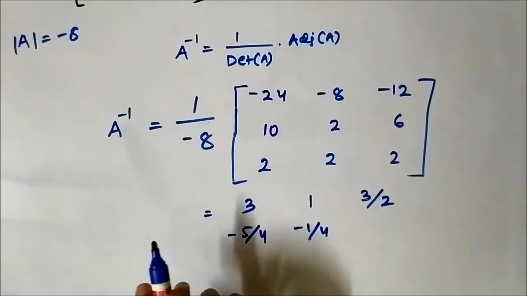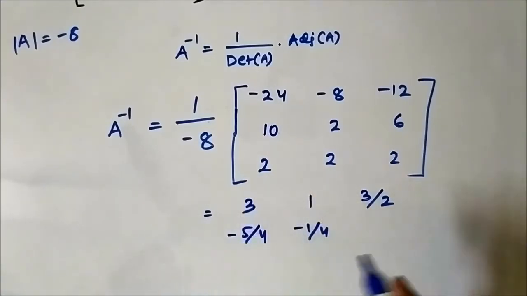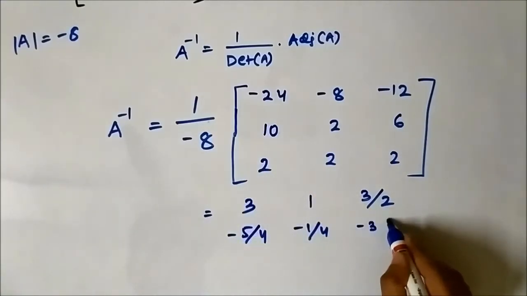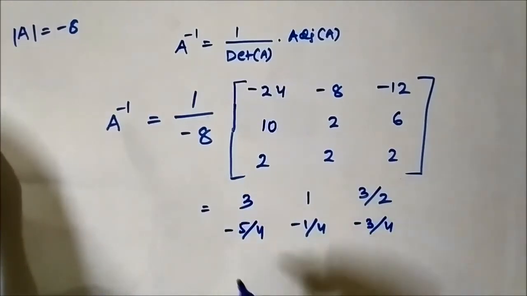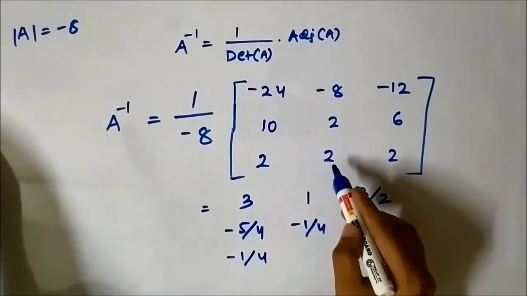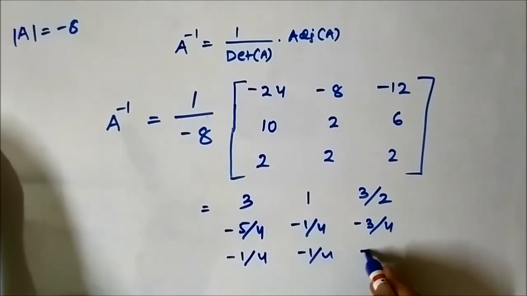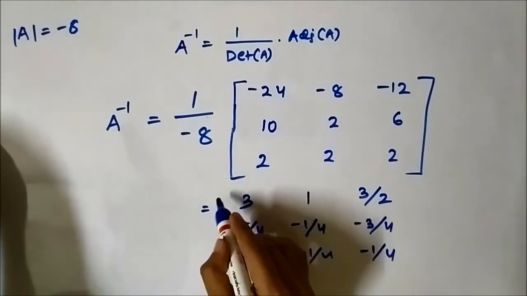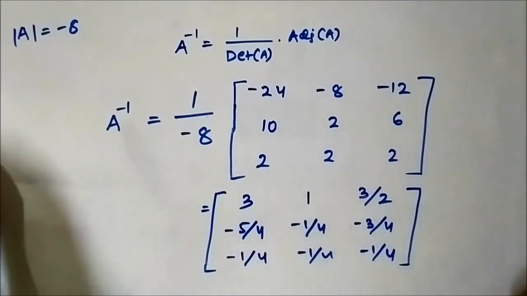Next 6 by minus 8, cancelling by 2, becomes minus 3 by 4. Again 2 by minus 8, which is minus 1 by 4. Then 2 by minus 8, which is minus 1 by 4, and 2 by minus 8 again. So this is the inverse of this matrix.